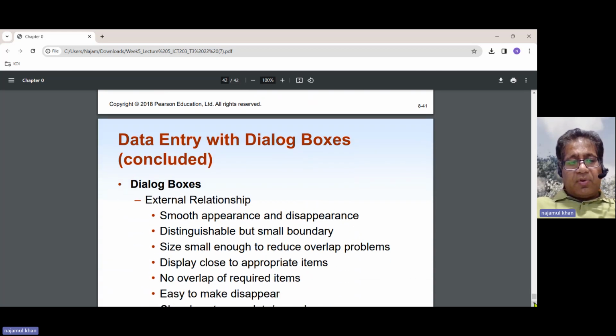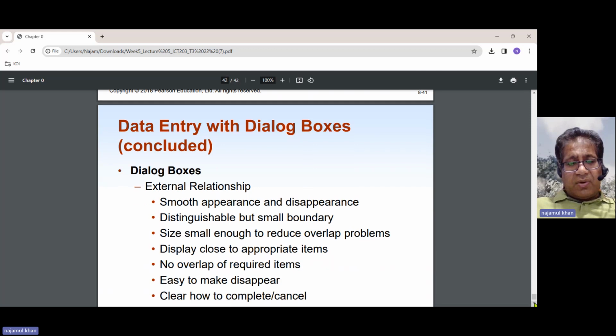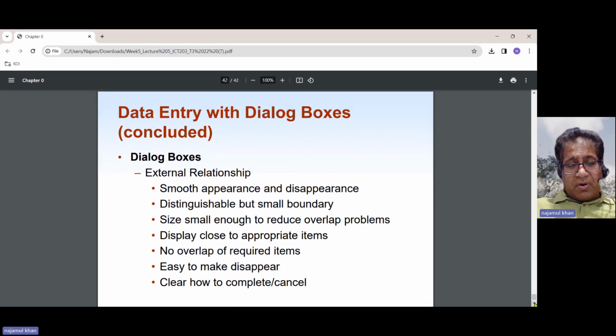Data entry with dialog boxes. We're talking about the external relationship, where smooth appearance and disappearance is necessary. Dialog boxes should be distinguishable by a small boundary, small enough in size to reduce overlap problems, and displayed close to appropriate items. There should be no overlapping, so that what you are doing is clearly visible to you.